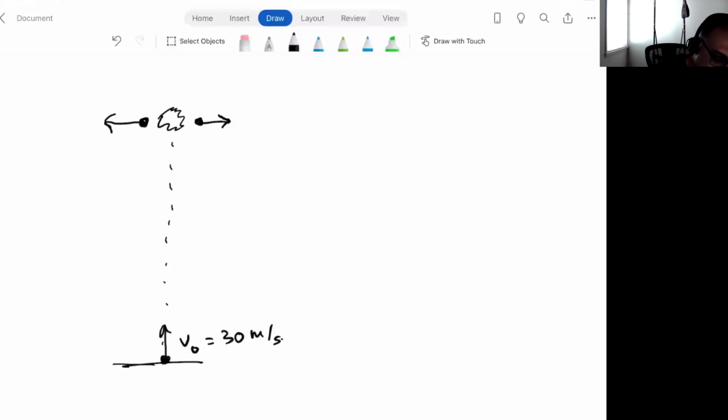The piece on the left might follow some path like this. The piece on the right, let's say it has a higher velocity because it's lighter, might follow a path like this. So then you need to use projectile motion to figure out where these two pieces will be 1 second later. And once you know the positions of these two pieces, you can use the formula for the position of the center of mass to find where it is. That's one way of doing it, and that will certainly work.